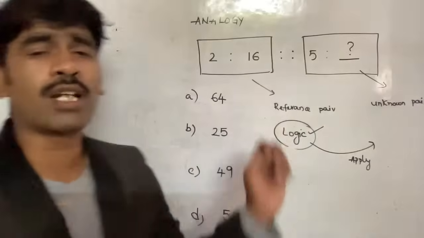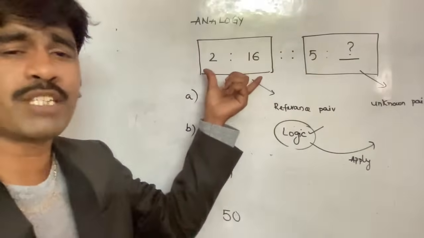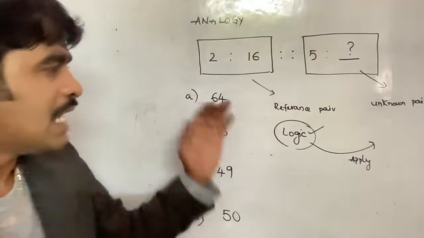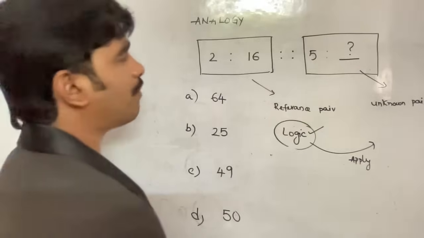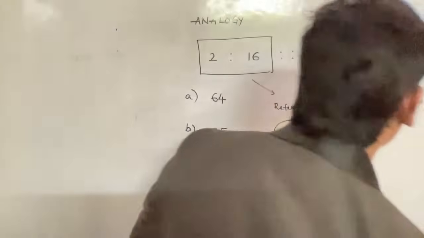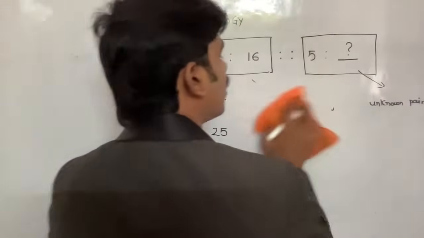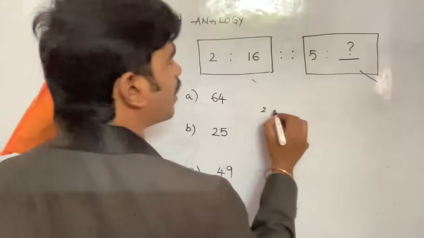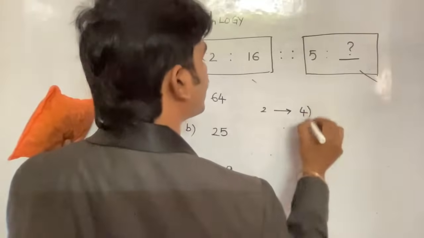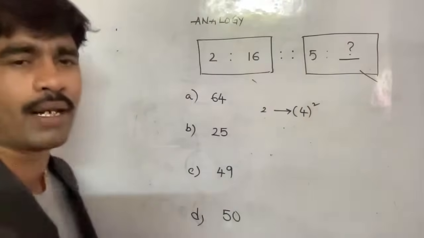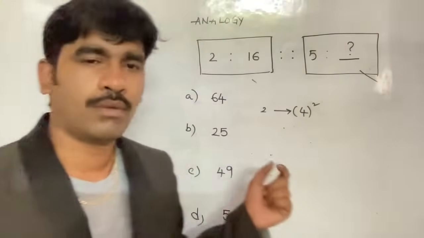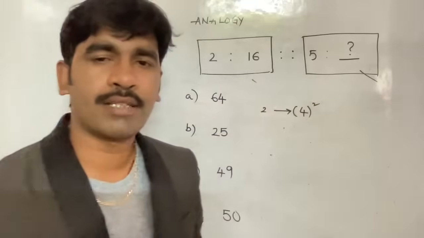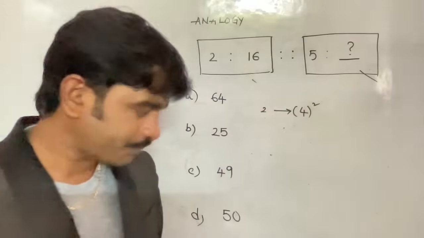So in the question here, what was given: 2 becomes 16. 16 is also a very familiar number. How can we write 16? Initially I am trying to think like this. Using this reference pair, the number 2 becomes 16. 16 we can write as 4 square. 2 becomes 16, and 16 is nothing but 4 square.